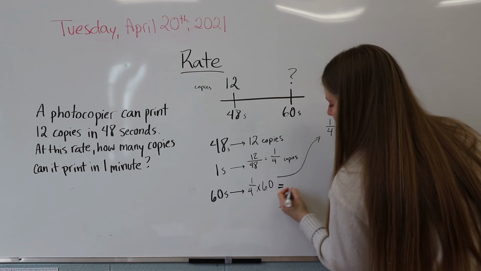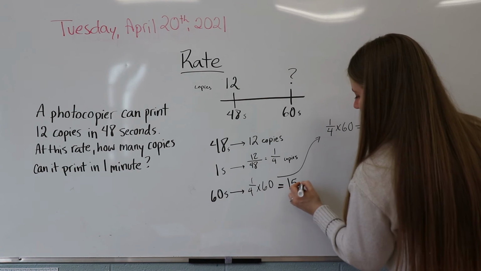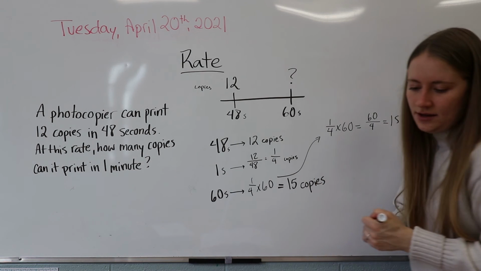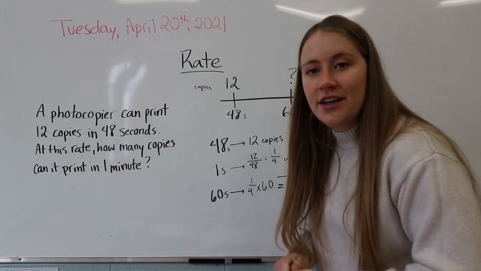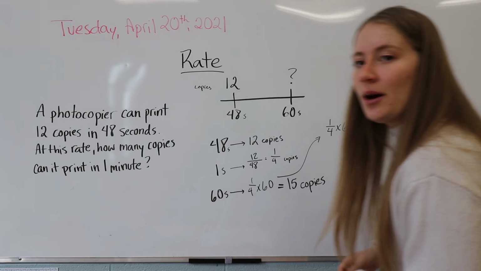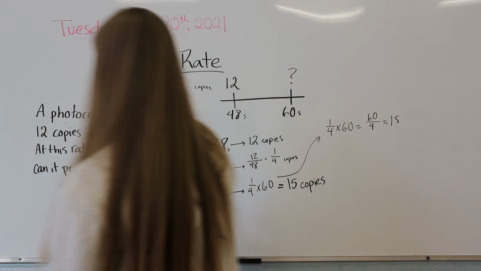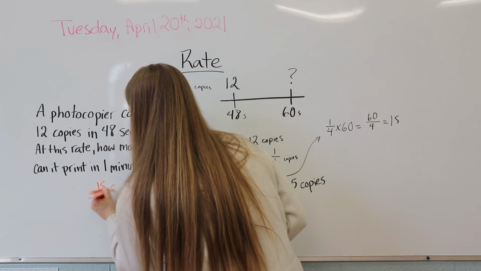So our answer is 15 copies. Okay, so our printer can print 15 copies in a minute. Okay, I'll write that in orange over here.